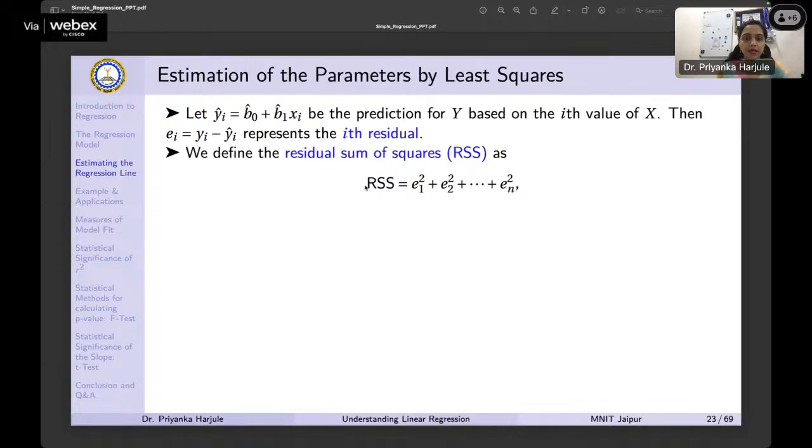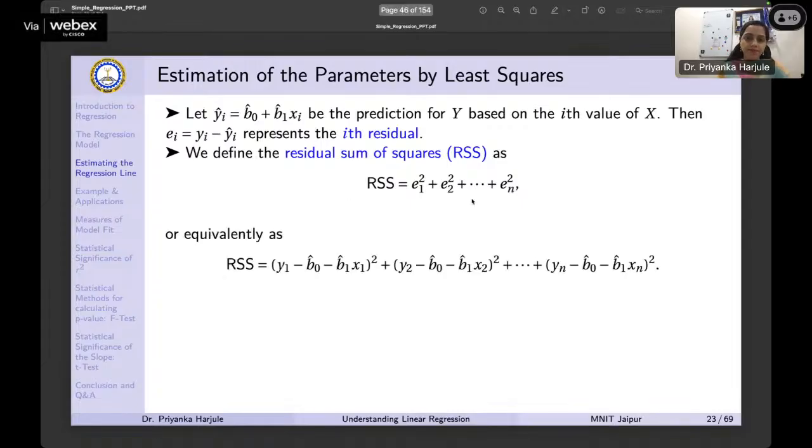When you square e, that is the error, for every instance, and then sum it up, you get the residual sum of squares. And then you can replace your predicted yi from this equation, so ei becomes yi minus b0 cap minus b1 cap xi.